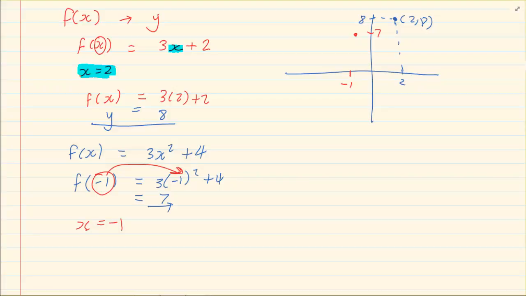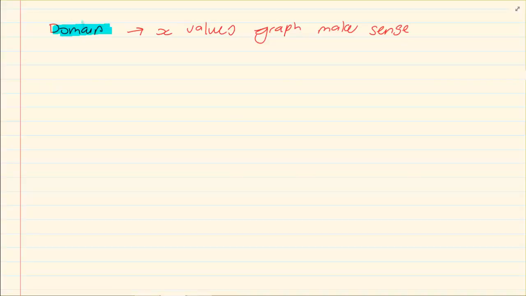Now, the next thing that you need to know is domain and range. Now, what is domain? Domain basically means for what x values will the graph make sense? So the emphasis of domain is the x value. And range would mean the y value.